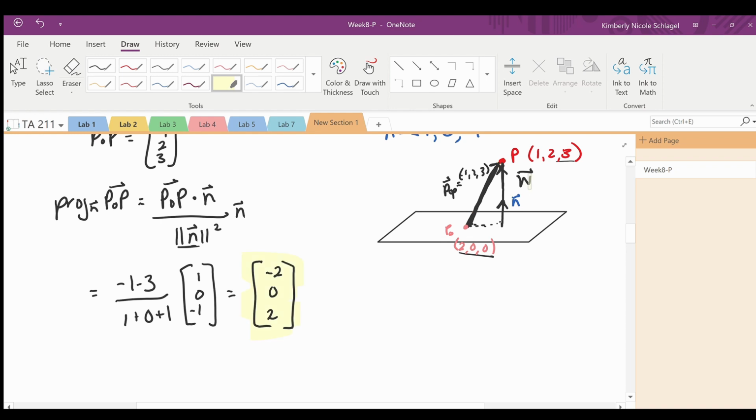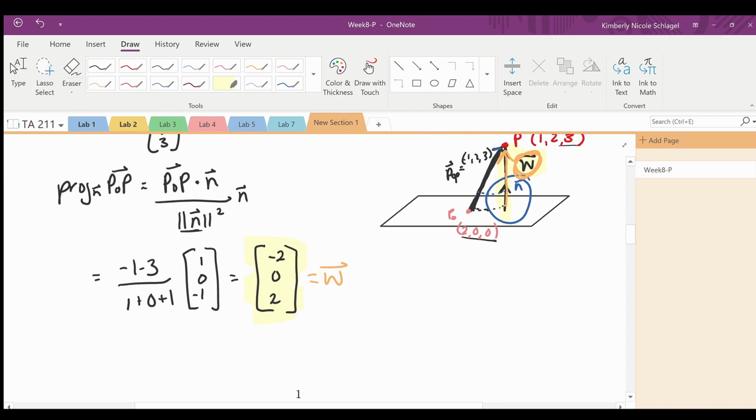This is actually our W. So this is our vector from our plane to our point, and that's the shortest distance. It's perpendicular to the plane because our normal vector is perpendicular to all vectors in the plane. All we did is project our P0P onto our normal vector. So this equals our W.